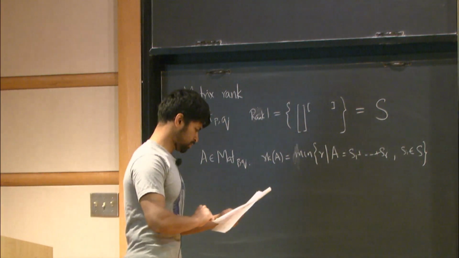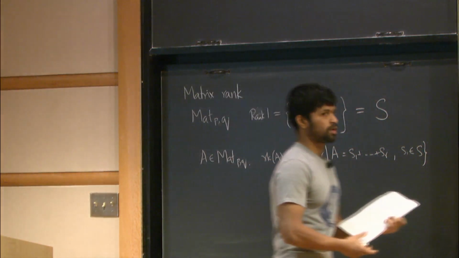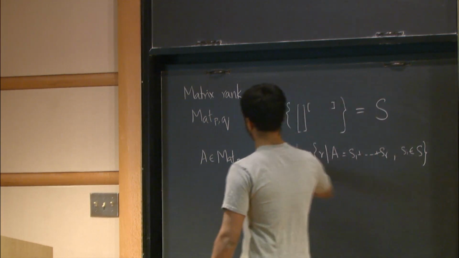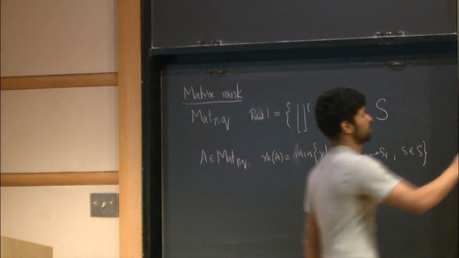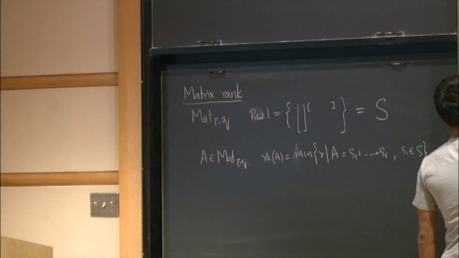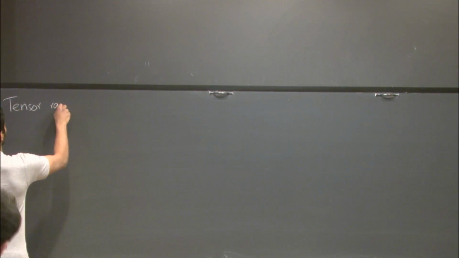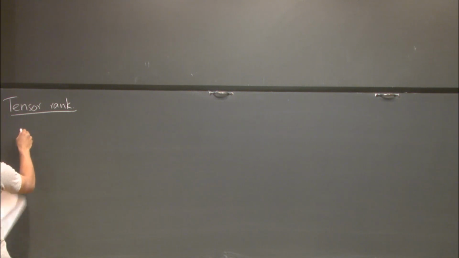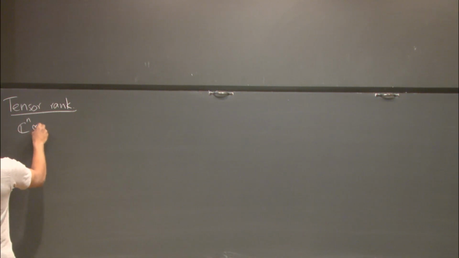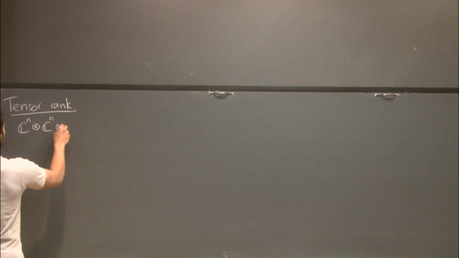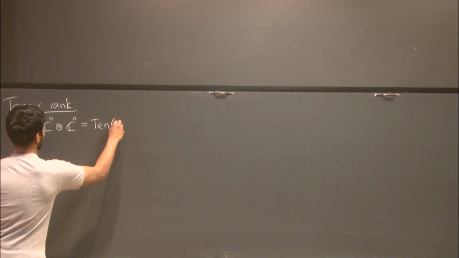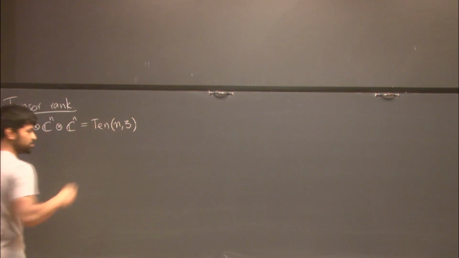Now, let me give you the definition of tensor rank that's very similar to this in exactly the same way. So in tensor rank, I'm going to consider just 3 tensors for the moment, and I will keep calling this T n 3.